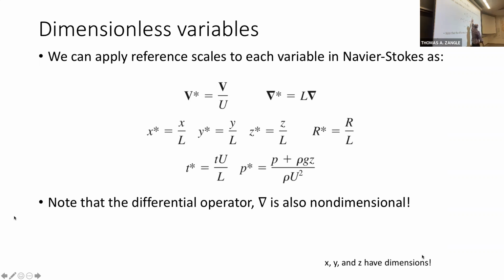Our operator, you notice, is written up there as L times del. That's because, if you remember, the del operator has x, y, and z in it, so we have to make sure that we scale that operator as well. And for the pressure, we're using a pressure scale that we can again derive from the fundamental quantities in the problem. In this case, rho U squared gives us something with dimensions of pressure.